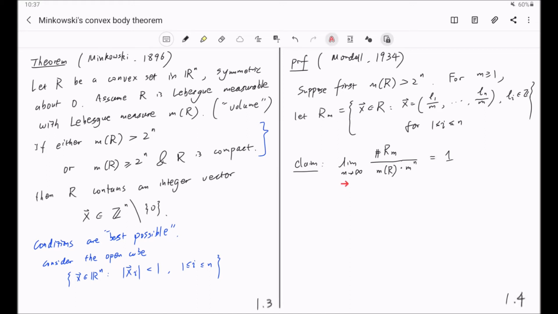This says when m is very, very big, the number of points in R sub m will be asymptotically equal to the measure of R times m raised to the power n. Why is this so? I will let you think about it for a while, and I will tell the answer later.